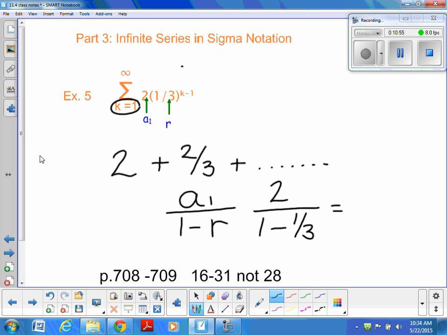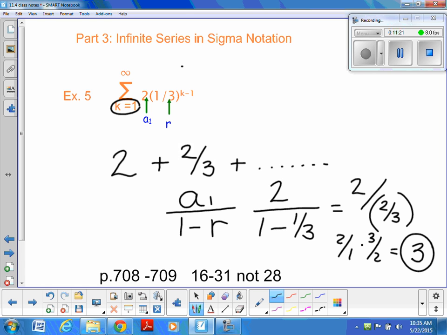Now just use your trusted little calculator and it should give you the final answer for the sum. What's 1 minus 1/3, if anybody cares? 1 minus 1/3 is 2/3, right? So you're taking 2 divided by, on your calculator, parentheses 2/3, which is 2 over 1 times 3. You should get 3 for your sum.